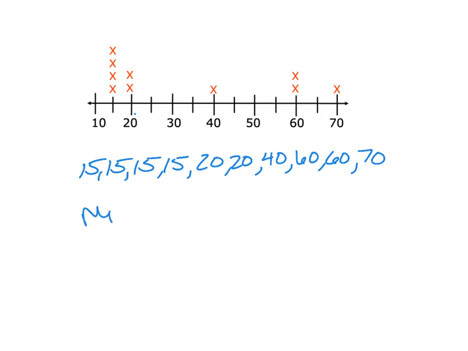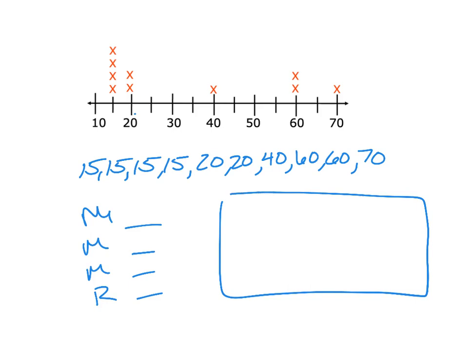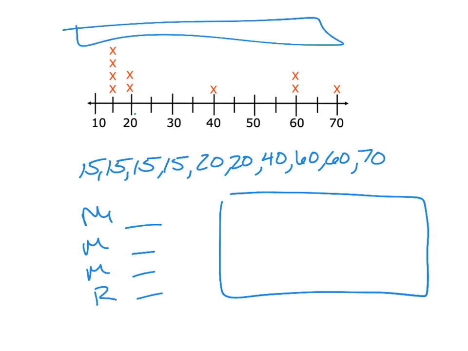I would go through and I would find the mean, median, mode, and range. And then I would write some sort of sentence about this set of data. I can't really do this one because I don't have a title, so I don't know what kind of data we're looking at. But each piece of data is one of these X's.